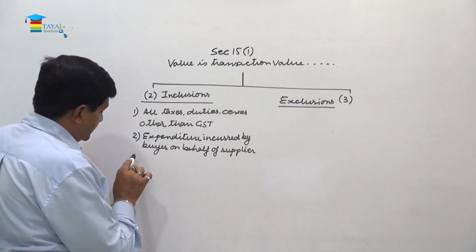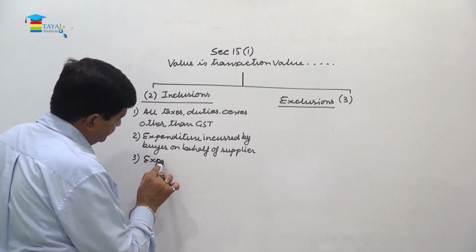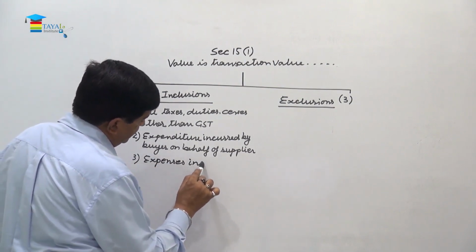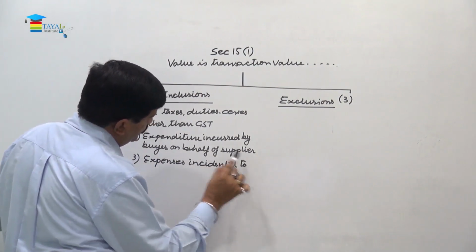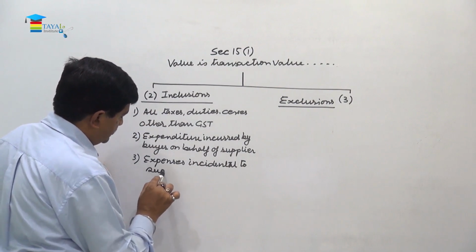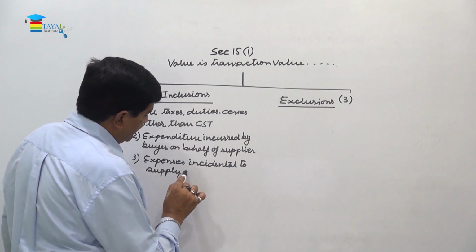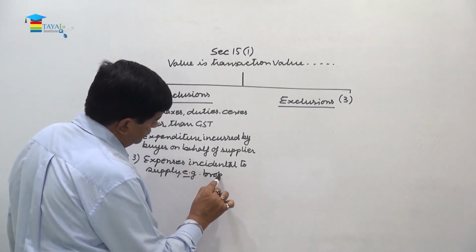Number 3, expenses incidental to supply. For example, brokerage.